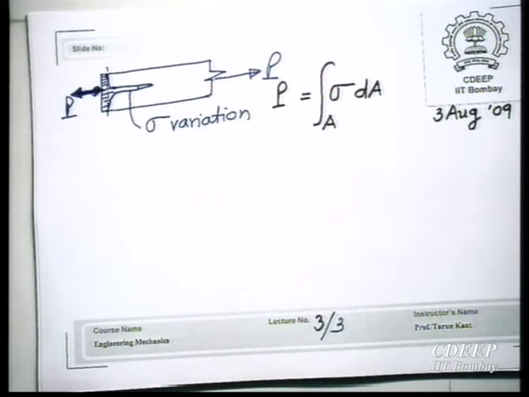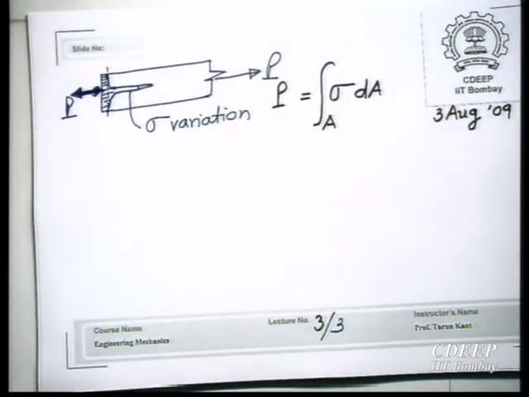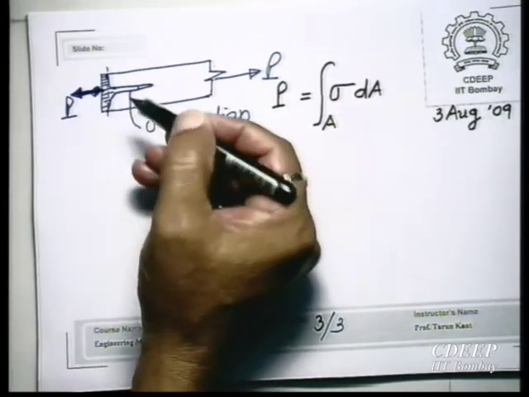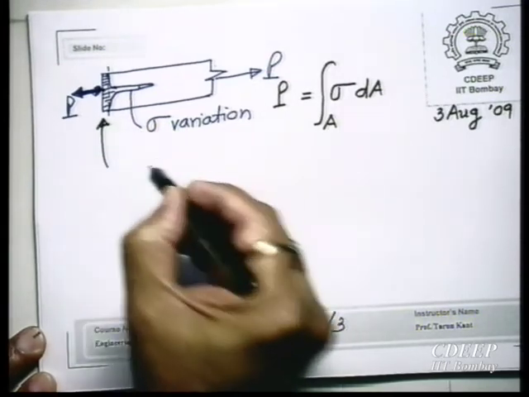Take a small value, multiply, integrate over the cross section. That must give you P. So, this point where the load is applied, where the stress distribution is highly non-uniform and a very steep value will be there, is called a point of stress concentration.